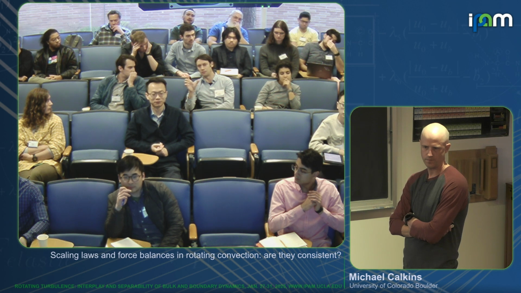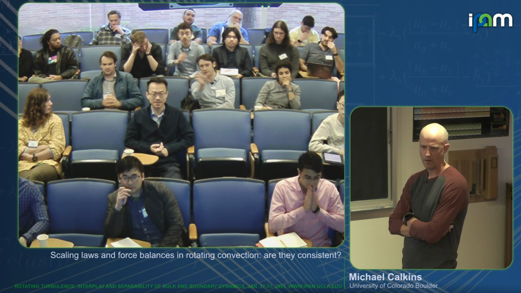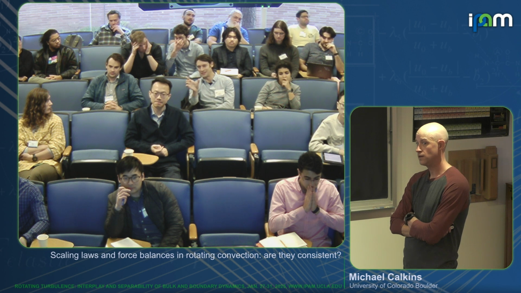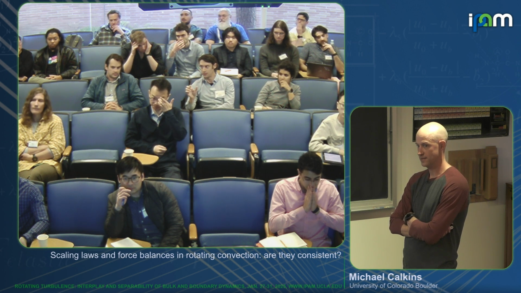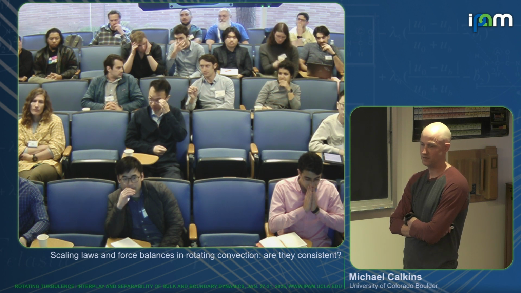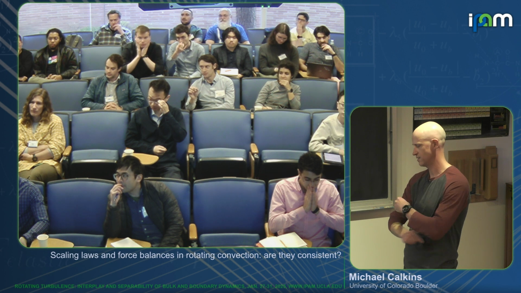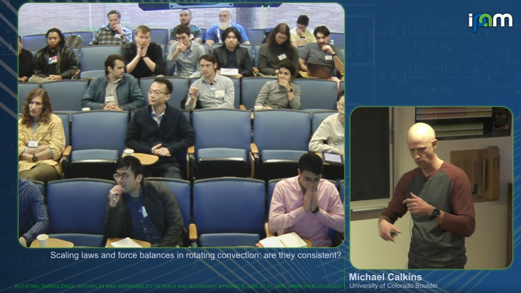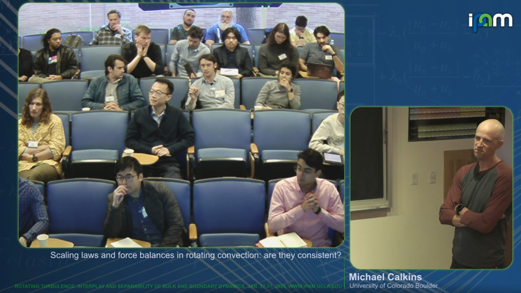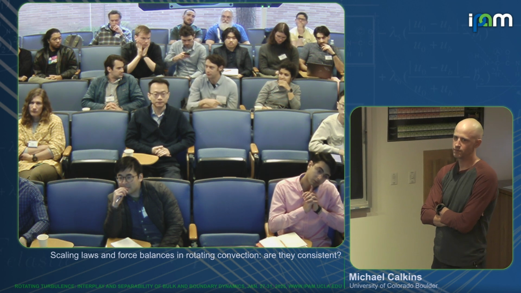I guess is the size of the domain here fixed with respect to the viscous length? Yes. Each box, in these simulations, has 10 unstable wavelengths in horizontal. Okay, maybe we can chat afterwards. Sure.